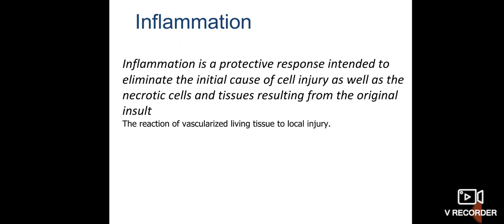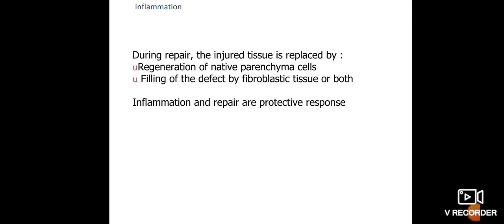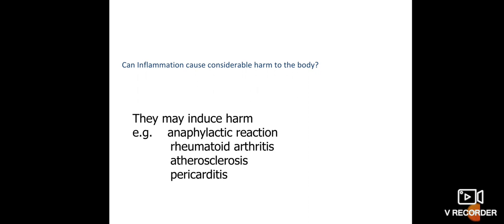One definition is that inflammation is a protective response intended to eliminate the initial cause of cell injury, as well as the necrotic cells and tissue resulting from the original injury. That is called inflammation, and it can include anaphylactic reaction, rheumatoid arthritis, and things like that.